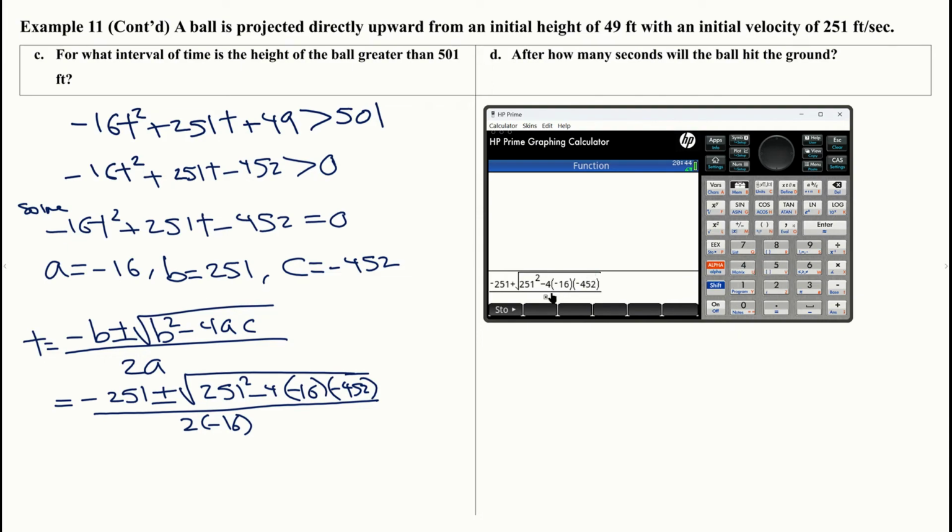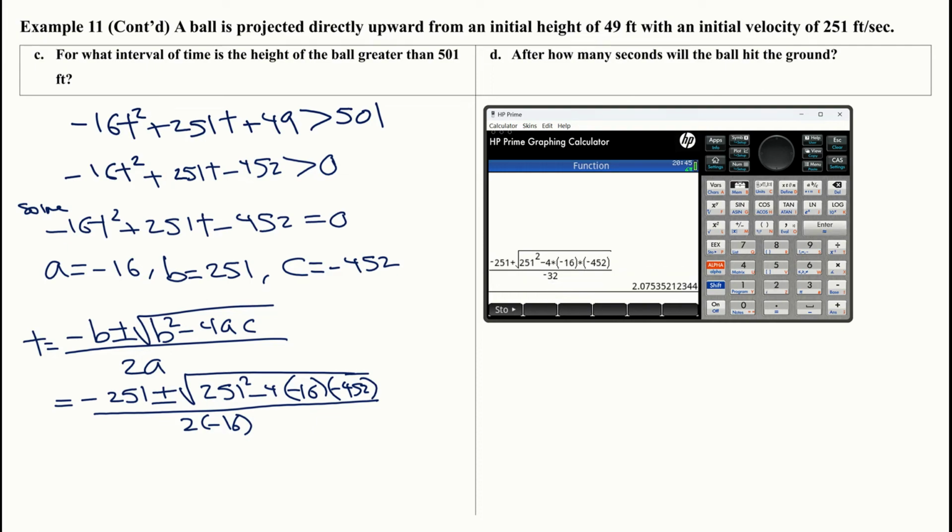I'm going to pause for a second, make sure I typed everything in correctly. Negative 251 plus 251 squared minus 4 times negative 16 times negative 452. You should definitely do that too. So now we're going to move down and put in negative 32. Okay, so we're going to hit enter.